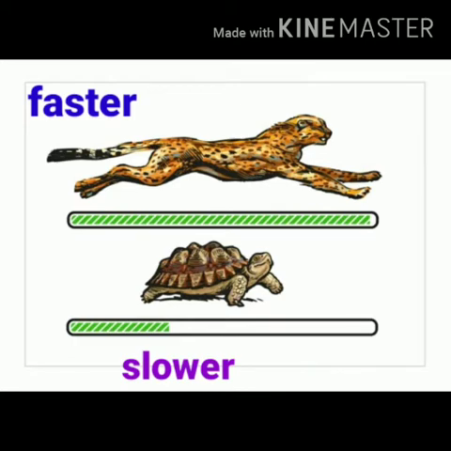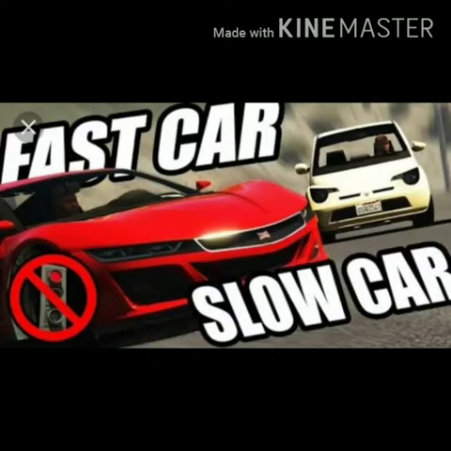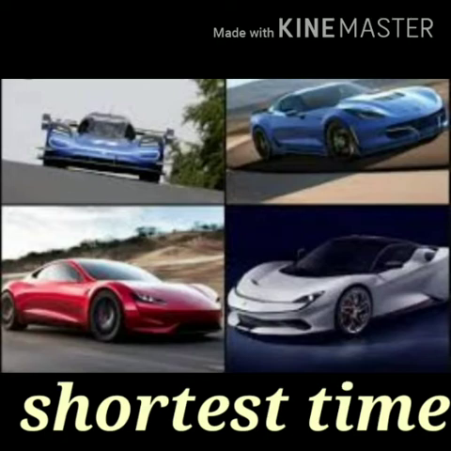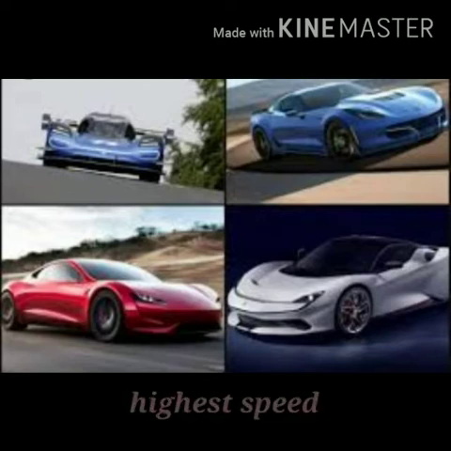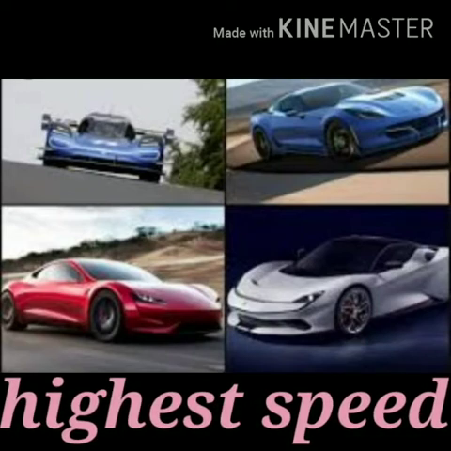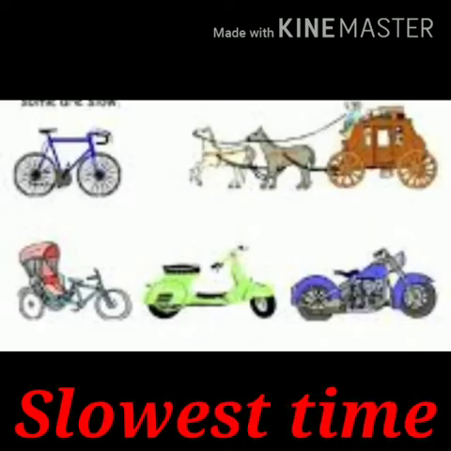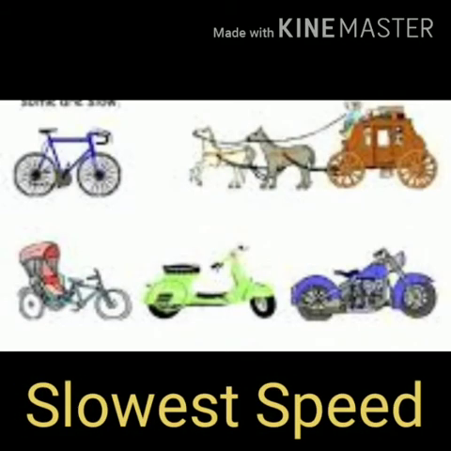We often say that the faster vehicle has a higher speed. One who takes the shortest time to cover a particular distance has the highest speed. And one who takes the longest time to cover the same distance has the slowest speed.